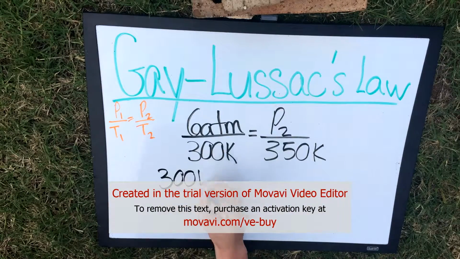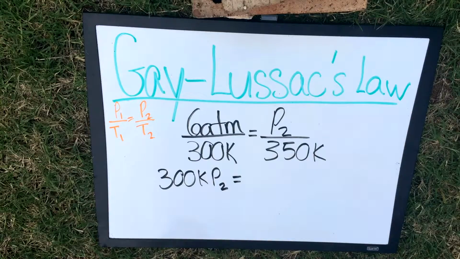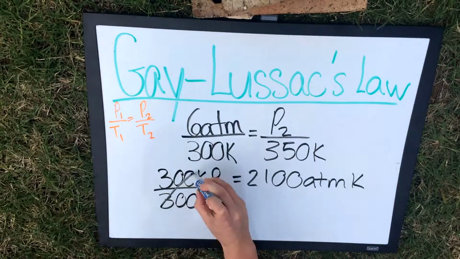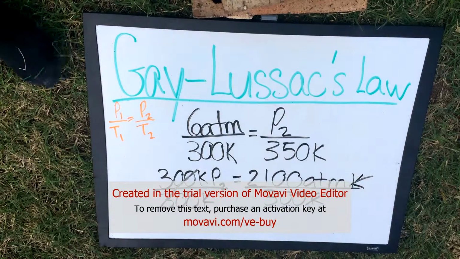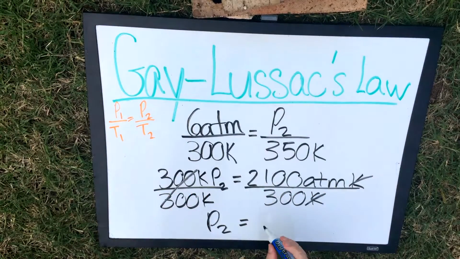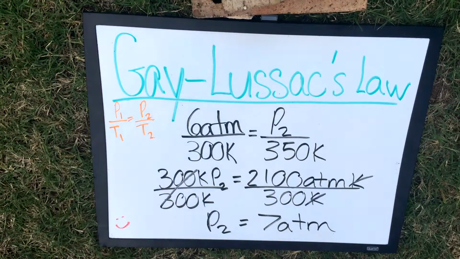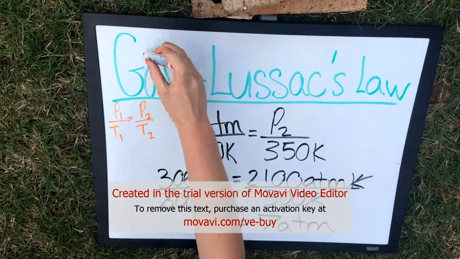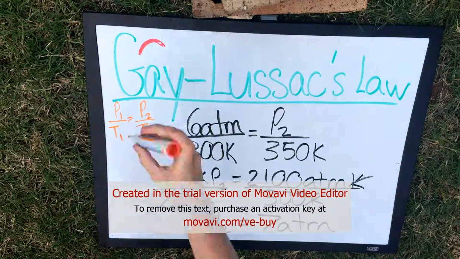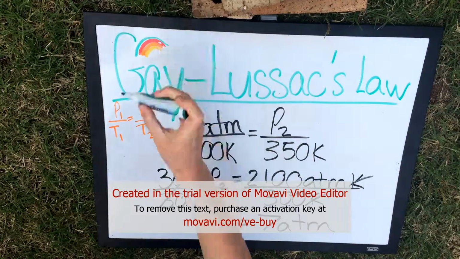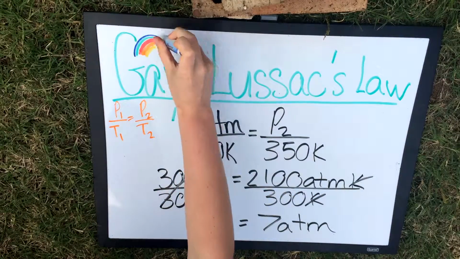We are looking for the pressure 2, and because the temperature went up, we would expect the pressure to go up as well. To figure out pressure 2, we will cross-multiply 6 atmospheres and 350 Kelvin, and also multiply 300 Kelvin times pressure 2. Next, we will divide 300 Kelvin on both sides so that it crosses out. The pressure should increase to 7 atmospheres.